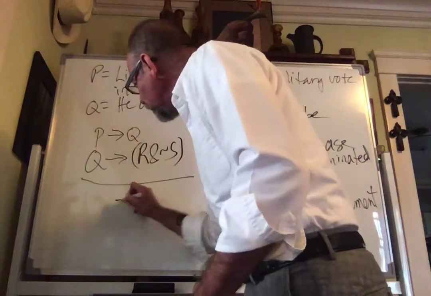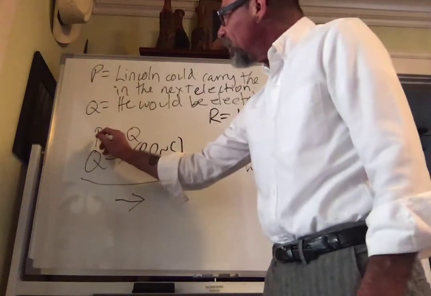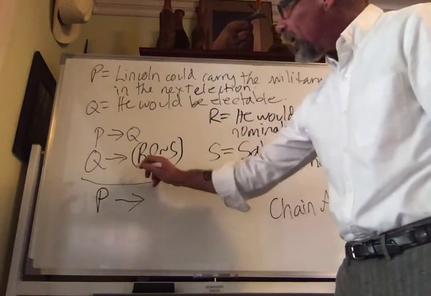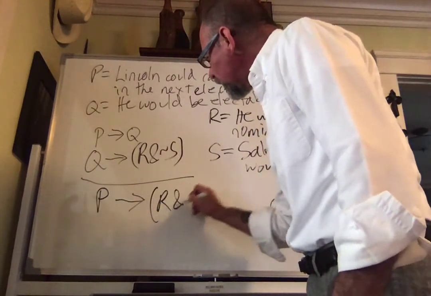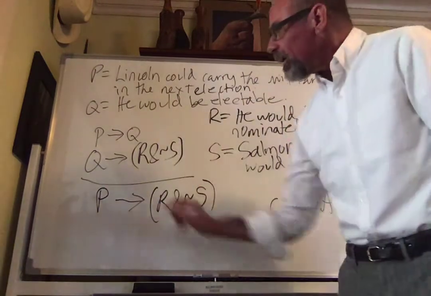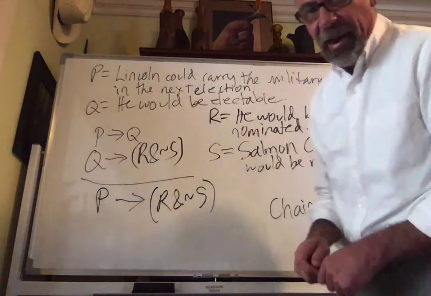It's a conditional. We get the antecedent of the conditional conclusion from the antecedent of that premise, and then we get the consequent of the conditional conclusion from that premise. So the conclusion that was left unstated here is that if Lincoln could carry the military vote in the next election, then he and not Chase would be nominated.